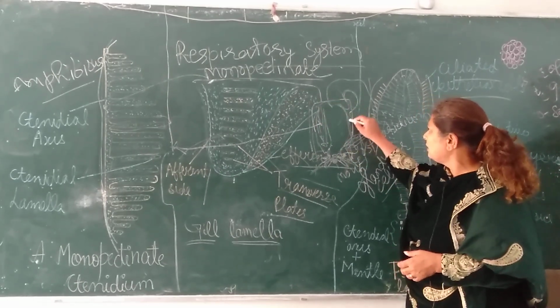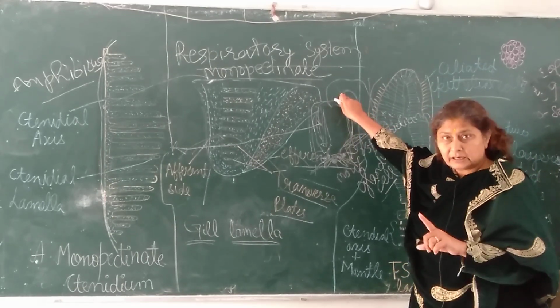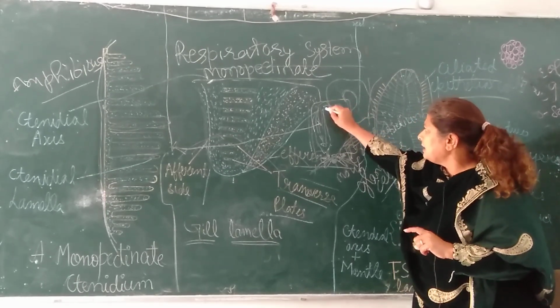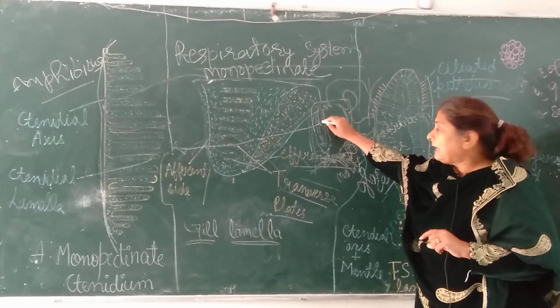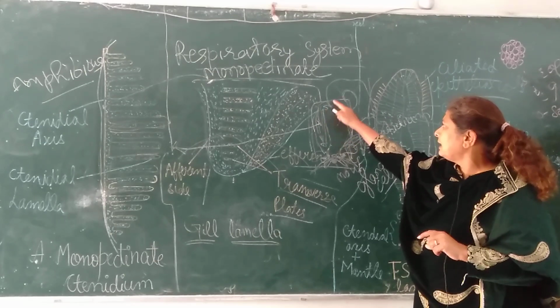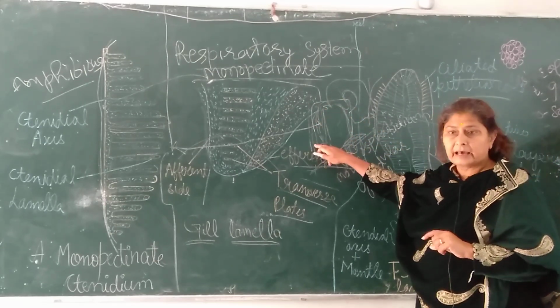Now it does not enter into the pulmonary chamber because there is one epipodial portion here near the kidney. When that moves upside, it separates the pulmonary chamber from the branchial chamber.